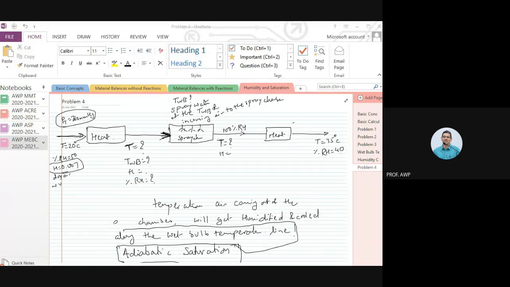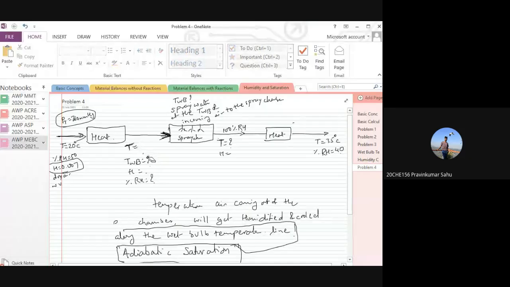You can tell me the answer if you have. Okay, sir. So from the first step, the temperature is coming around 26. Wet bulb is coming at 20 degrees Celsius. Humidity is coming 0.012.